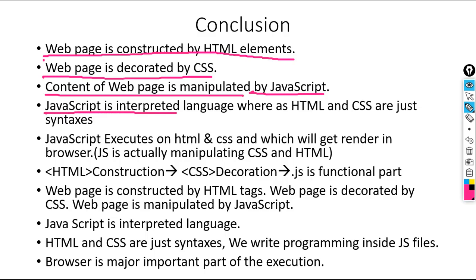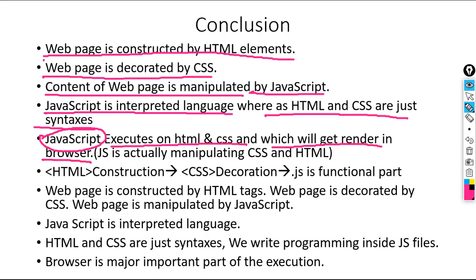JavaScript is an interpreted language, whereas HTML and CSS are just syntaxes. What is an interpreter? That you can understand in the series on essentials of programming. Now JavaScript executes on HTML and CSS, and that will get rendered in the browser.